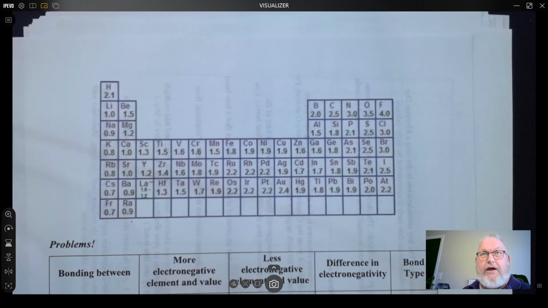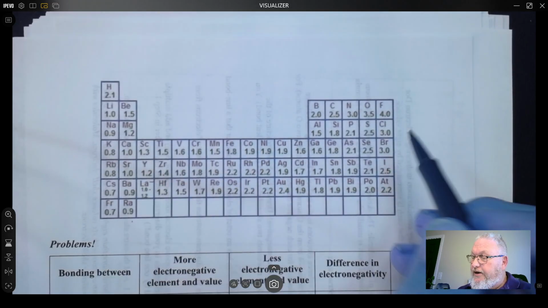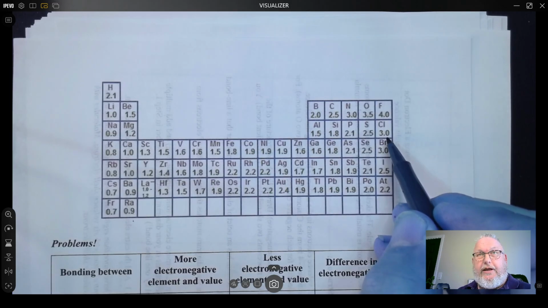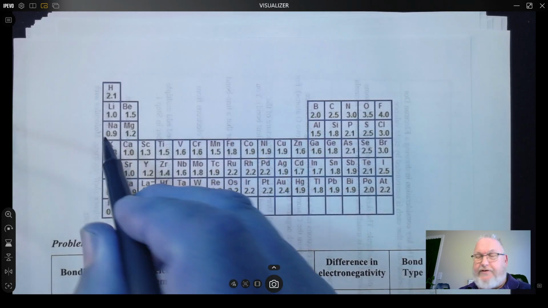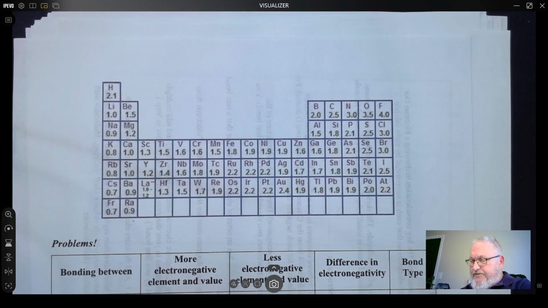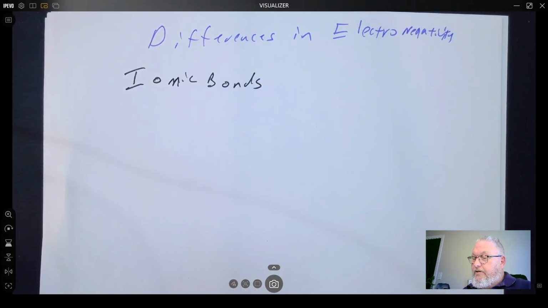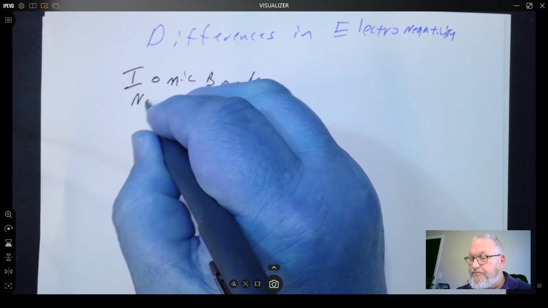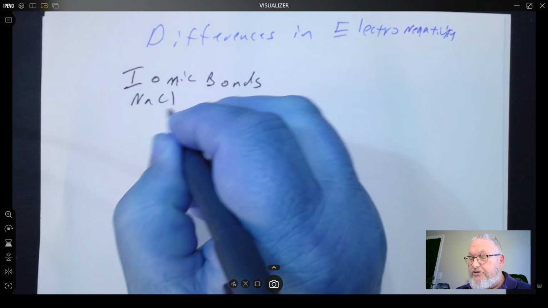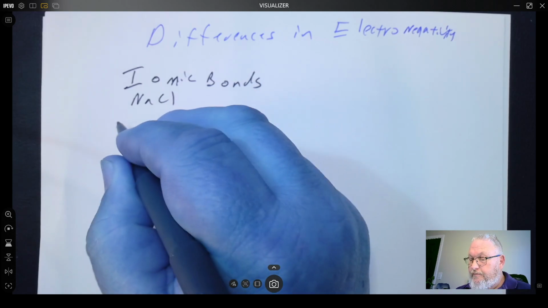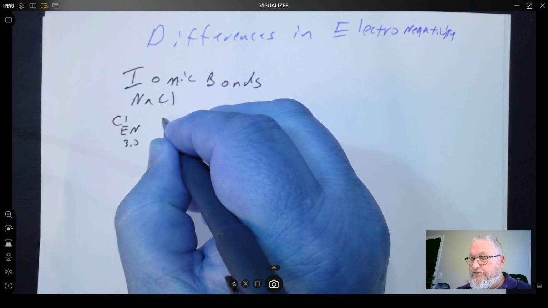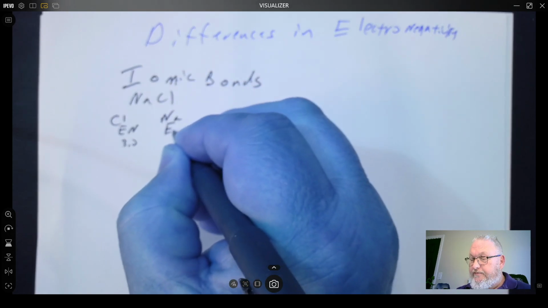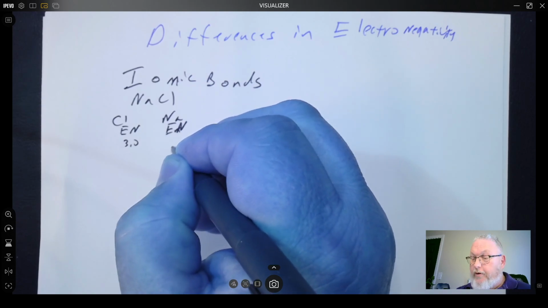Let's look at one real quick. Let's look at sodium chloride, salt, a metal and a nonmetal. Chlorine has an electronegativity of 3.0. Sodium has an electronegativity of 0.9.